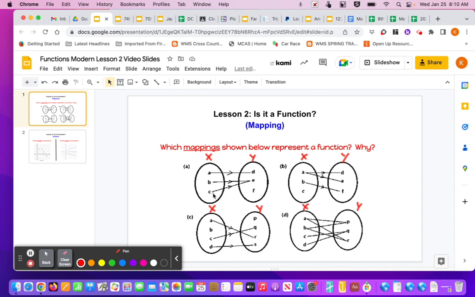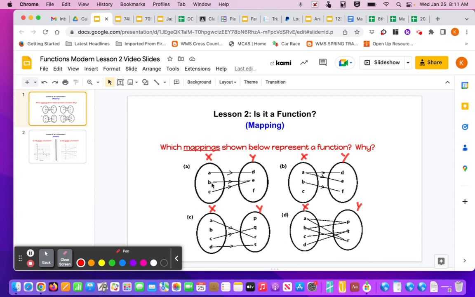You probably want to write that along so you're familiar with that and you can drive that point home. So to determine whether or not this is a function, we want to look at the inputs and make sure each of the inputs only maps to one output. If you look at this first example, A, the input of A only has one arrow that brings us to an output of D. Okay, so this is good. This would lead us to a function.